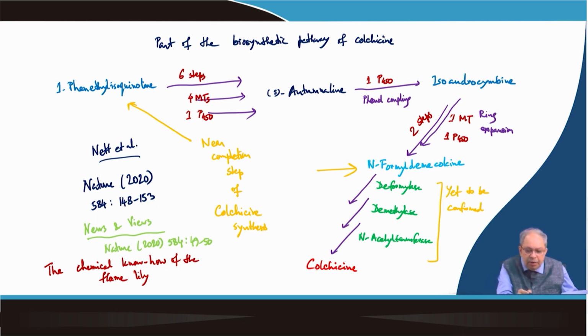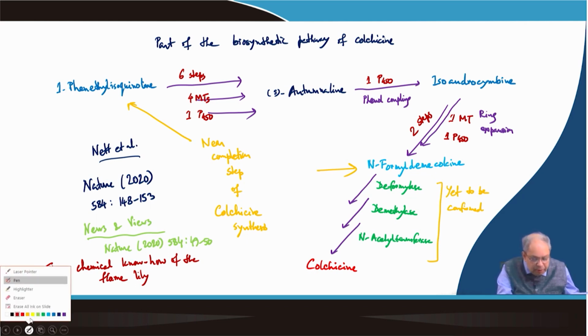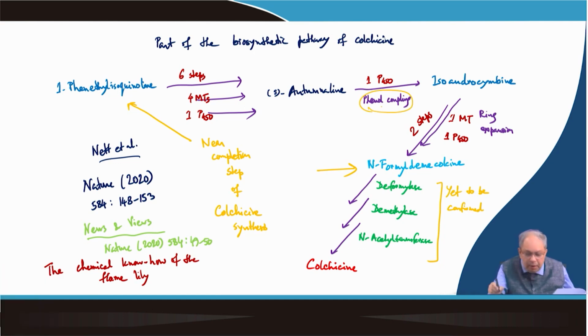This conversion basically involves two unusual biochemical reactions. Number one is a rare transformation known as phenol ring coupling, and an unprecedented reaction that leads to the expansion of the molecular ring, which was not reported in the plant system before.